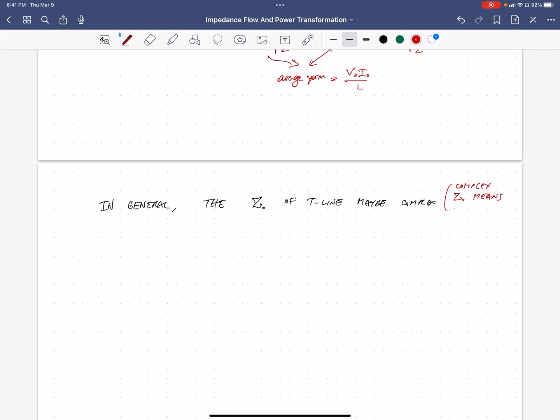phase difference between voltage and current.